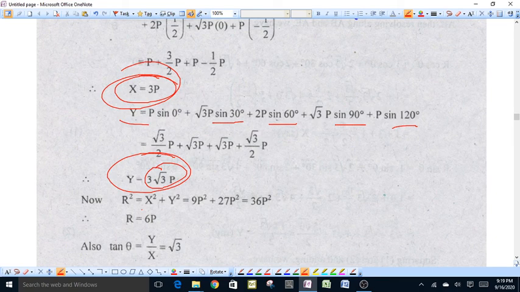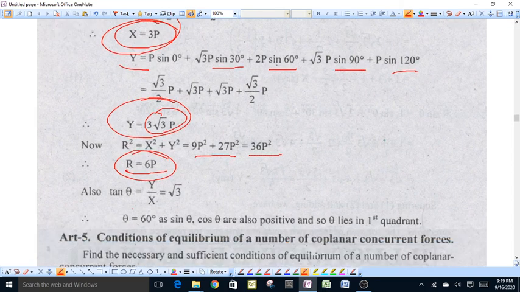R square is equal to x square plus y square, which is 9P square plus 27P square, comes out to be 36P square. This means R will be equal to 6P. If we divide y by x, then we get tan theta equal to √3. This means theta is equal to 60 degrees.